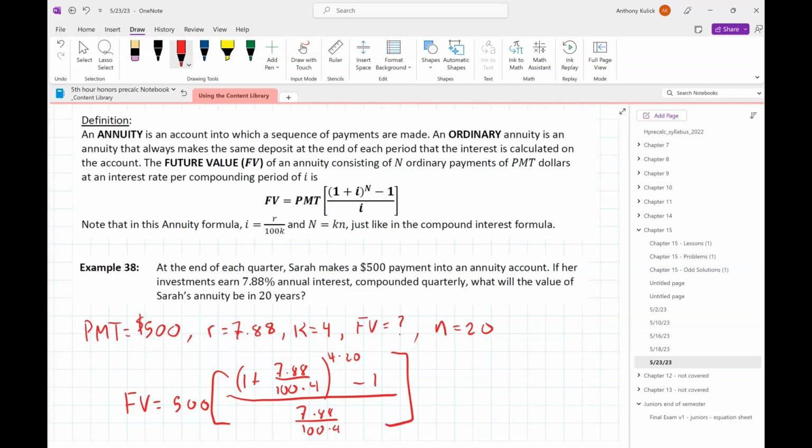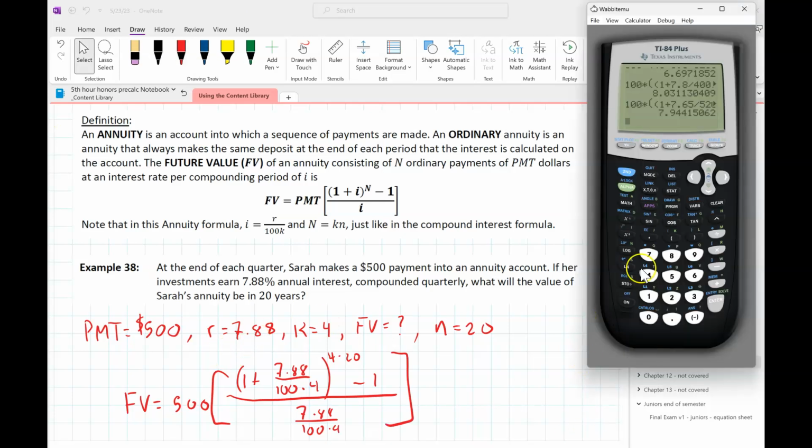So that's what we're going to be typing into my calculator. Now, I would encourage you to do this kind of all in one shot. But we have to be a little bit careful about this because this is getting pretty confusing, fractions inside of fractions inside of fractions.